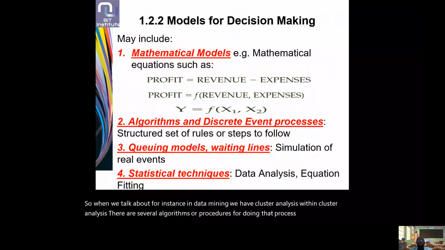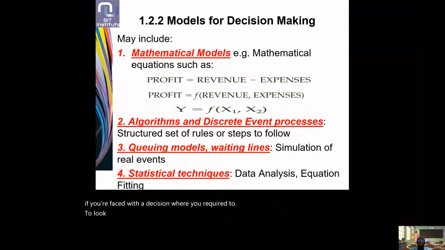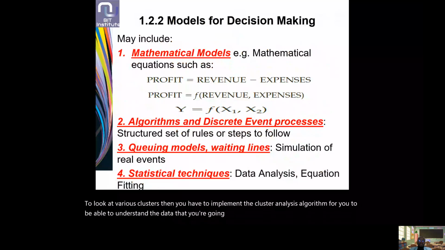So if you're faced with a decision where you're required to look at various clusters, then you have to implement the cluster analysis algorithm for you to be able to understand the data that you're going to use for decision making. So again, these algorithms are also considered as models, as decision-making models.